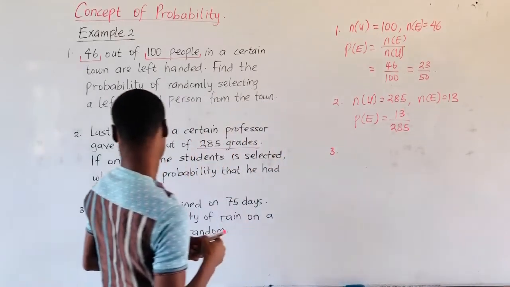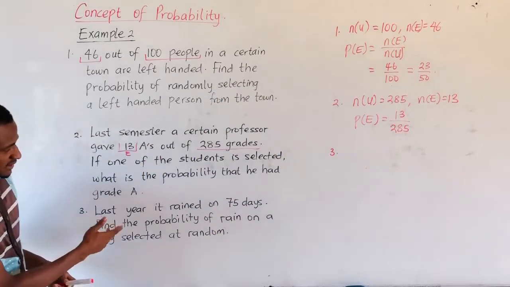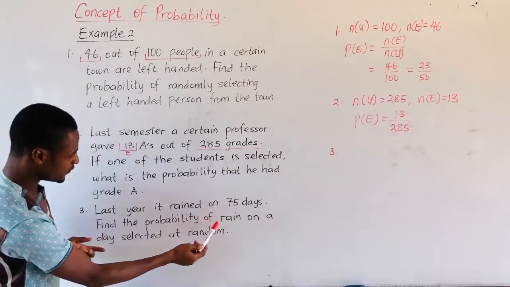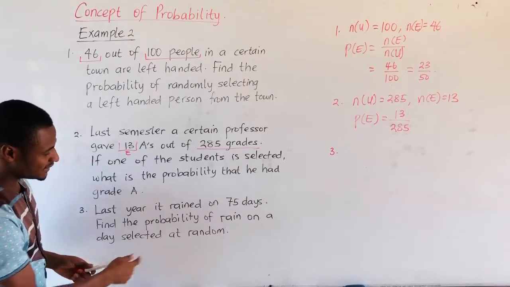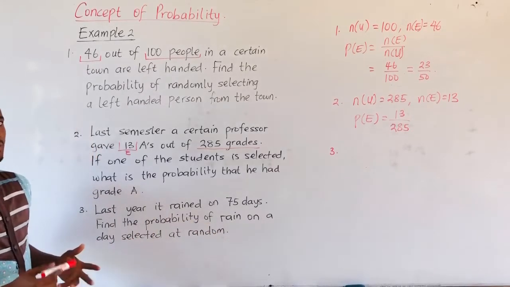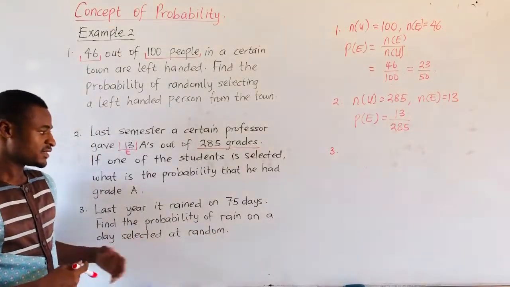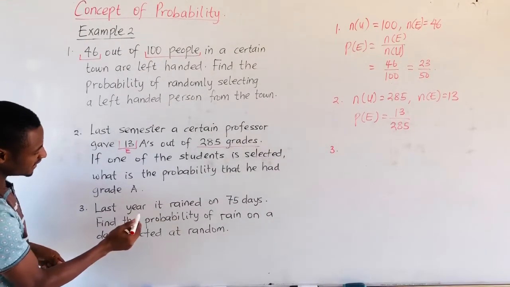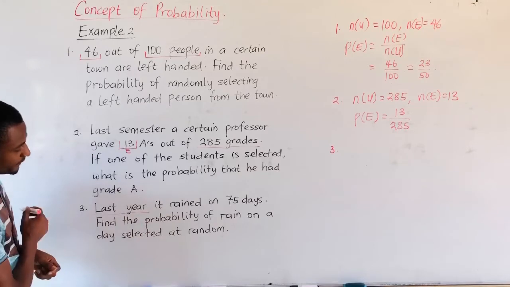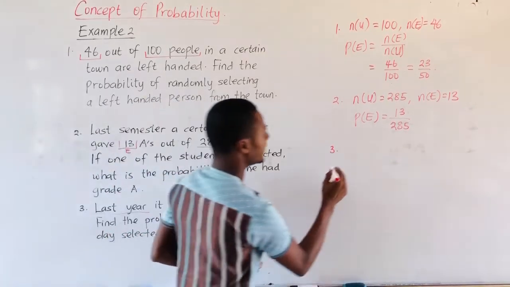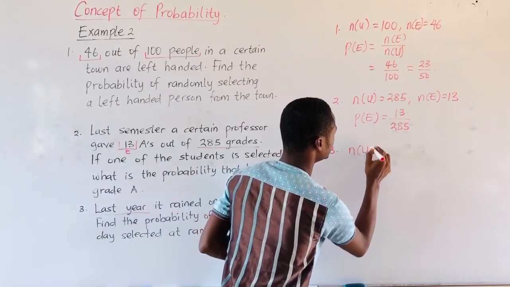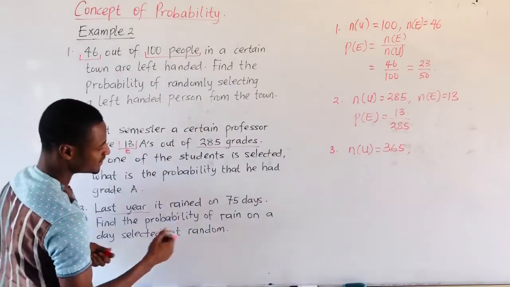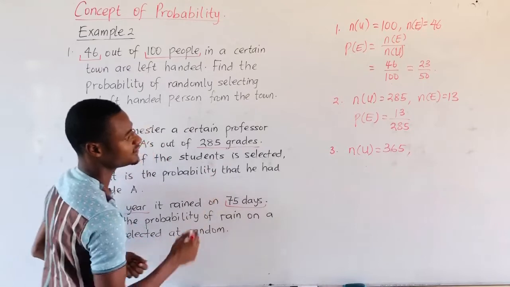Then for the third question, last year it rained on 75 days. Find the probability of rain on a day selected at random. How do we get the sample space from this? We know that the total number of days in a year is 365. So our sample space is 365, from which it rained on 75 days.